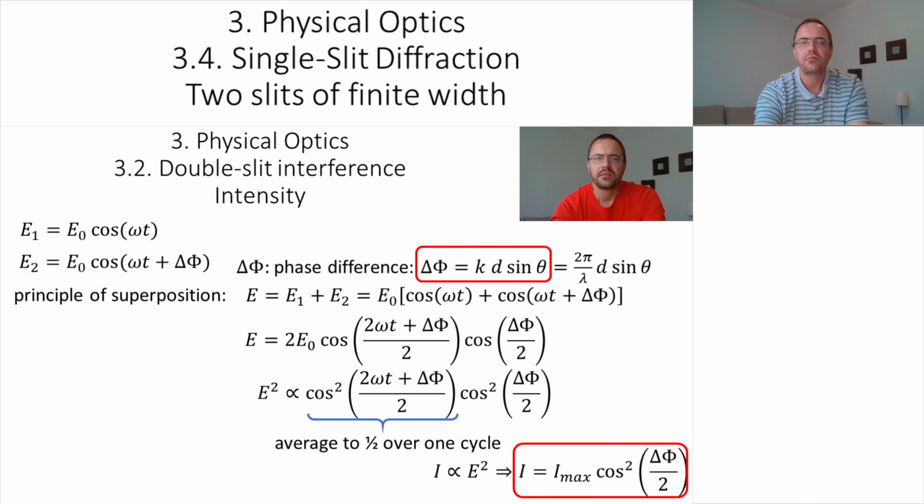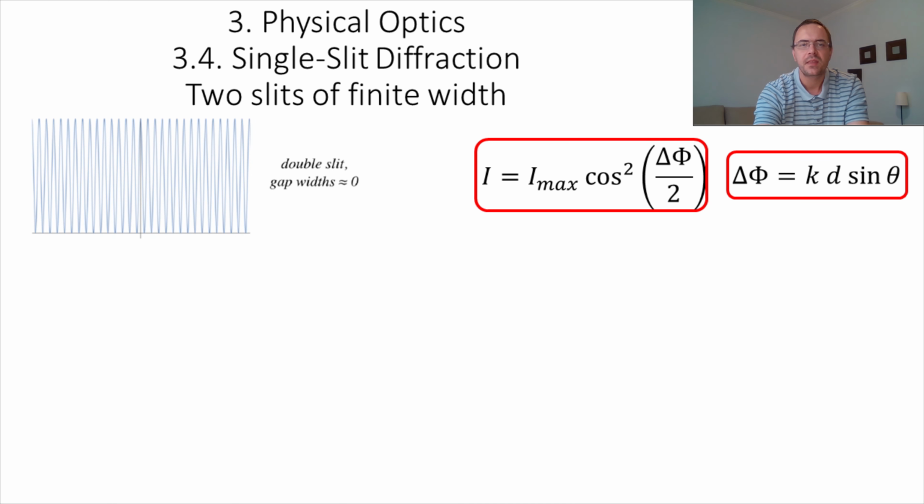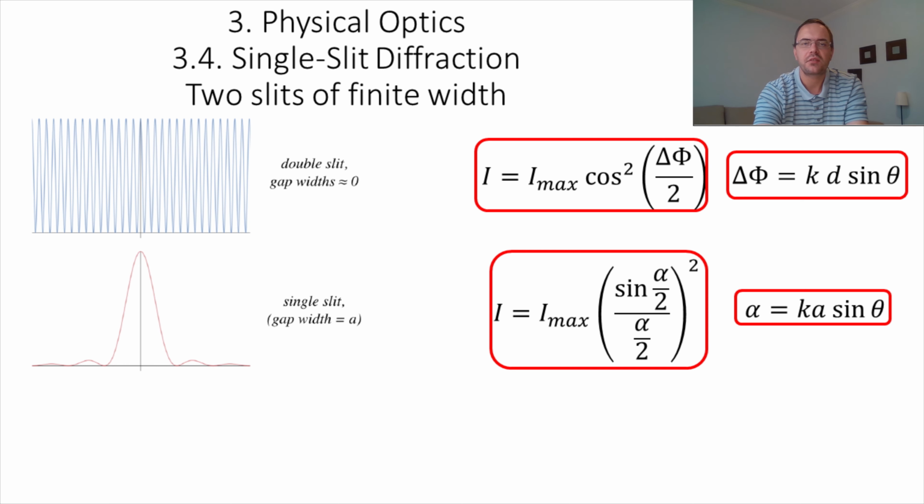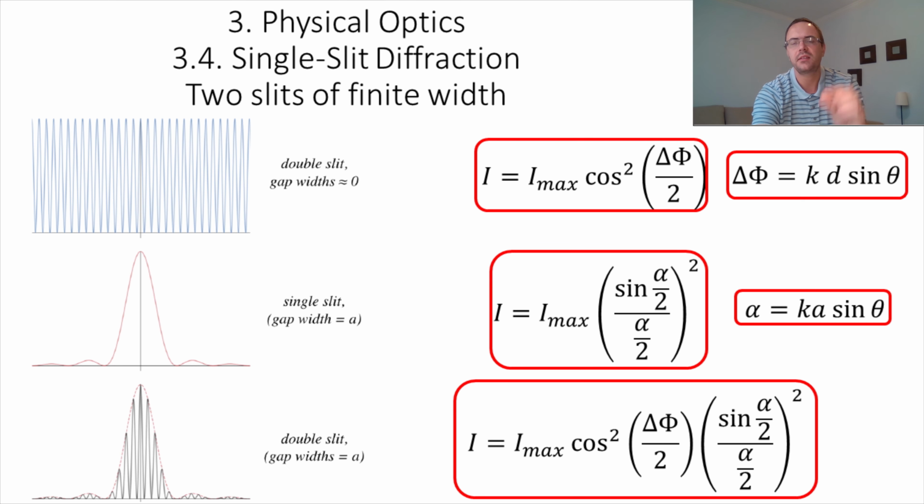So for two slits with negligible widths, the intensity is a cosine square function. And then what we have seen today is that for a single slit, the intensity is a cardinal sine function. And so if you combine the two, that means if you take two slits, but you consider that they have a width, then the intensity will be the product of the two functions, so cosine square of delta phi over 2 times the cardinal sine function of alpha over 2.